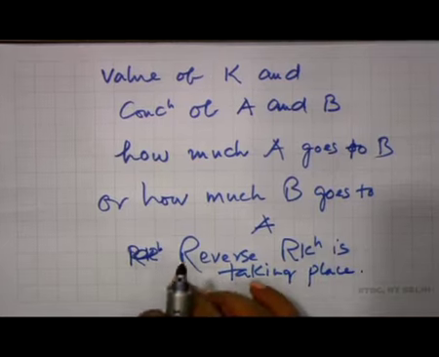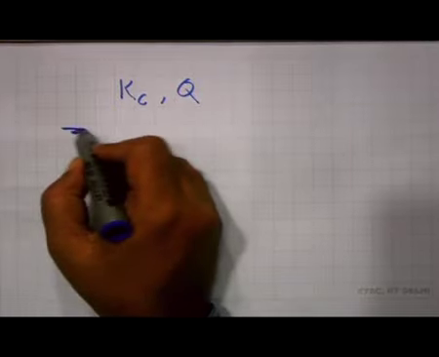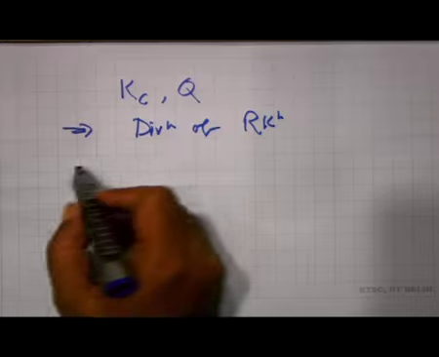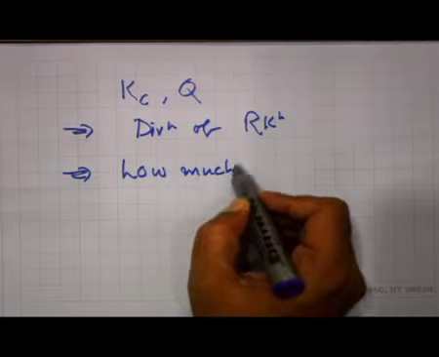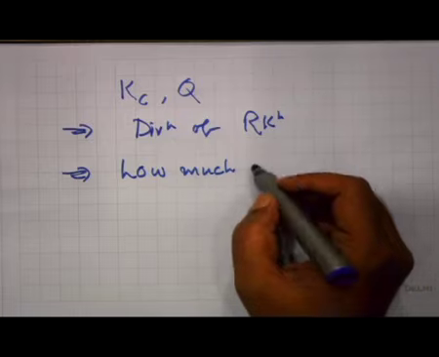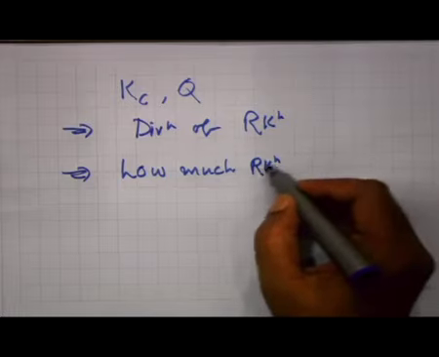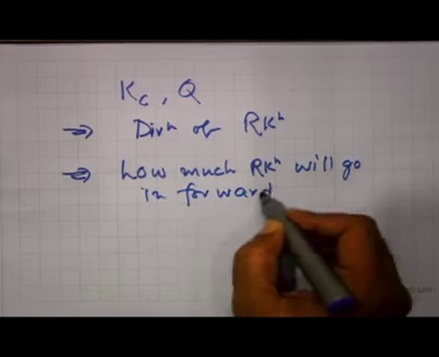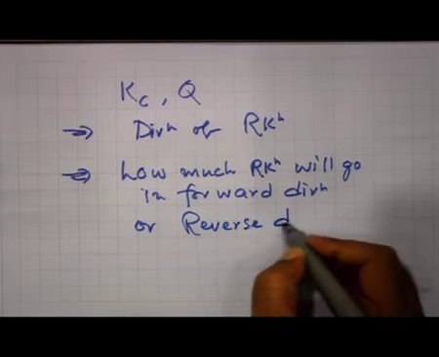You just see, with just two simple concepts, Kc and Q, we are able to tell not only the direction of the reaction, but we will also be able to tell how much your reaction will go in the forward or reverse direction.